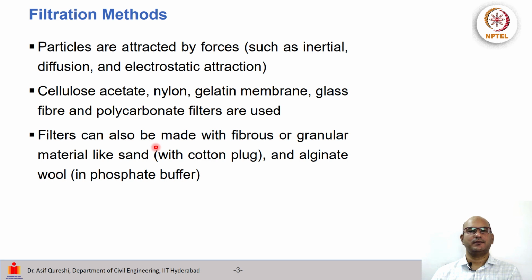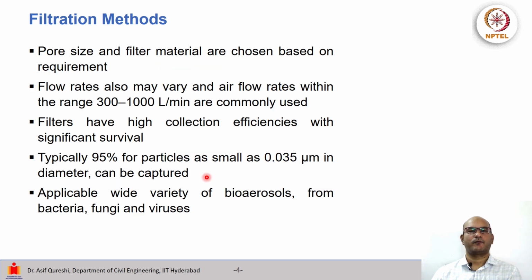Filters can also be made with fibrous or granular materials like sand, which is then used together with some cotton plugs, and alginate wool, which could be used in phosphate buffer. The pore size and the filter material can be chosen based on the requirement.